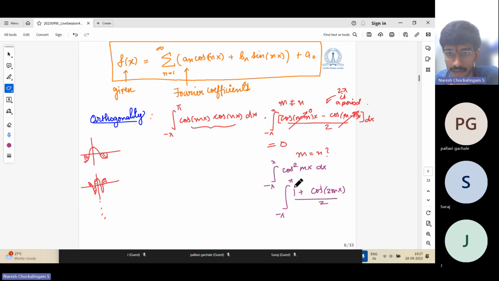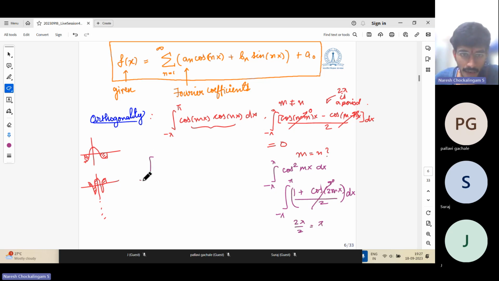Then again the same argument. Whatever m be, 2 pi is the period of this function. So if you integrate this from minus pi to pi, this part vanishes. And when you integrate this, what do you get? You get 2 pi by 2, this pi.